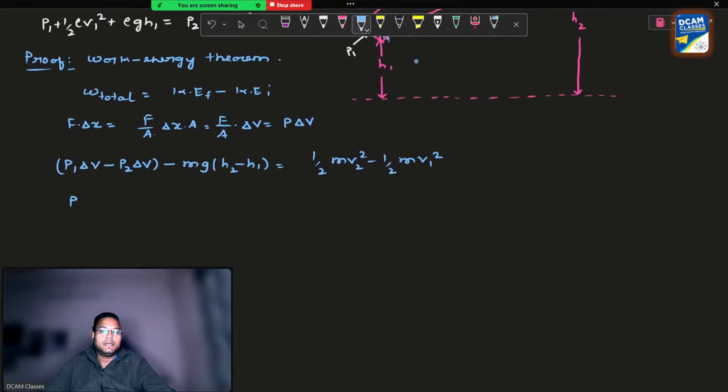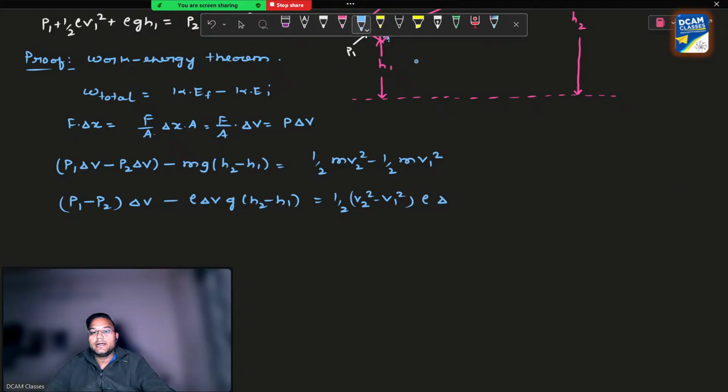So it will be P1 minus P2 into delta V minus rho delta V into g into h2 minus h1 is equal to half V2 square minus V1 square into rho delta V. Delta V, I can cancel them out.